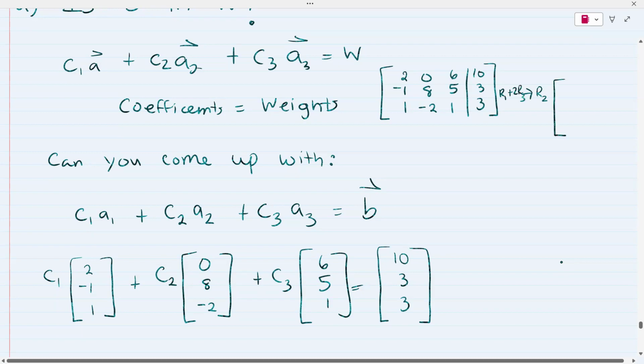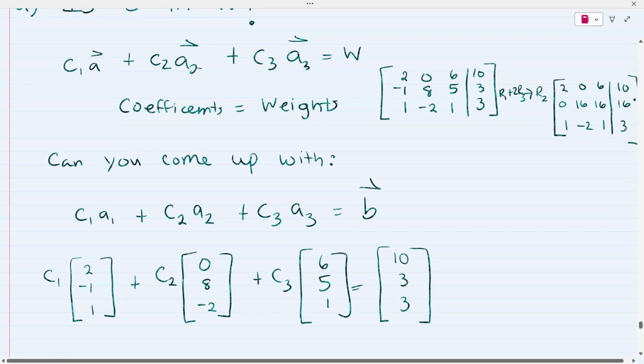And when you do that, you're going to get 0, 16, 16, and this is 16. We didn't mess with row 1, so it's going to be 2, 0, 6, 10, and then this would be 1, -2, 1, and 3.